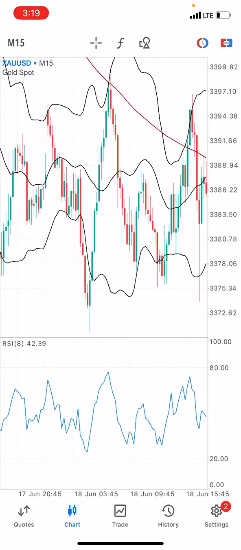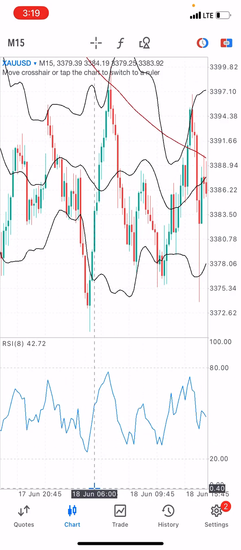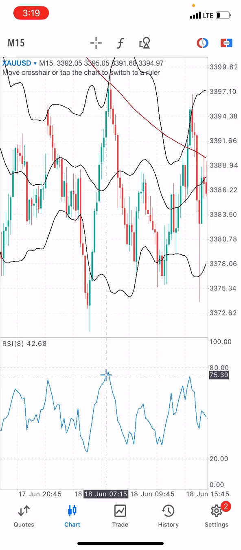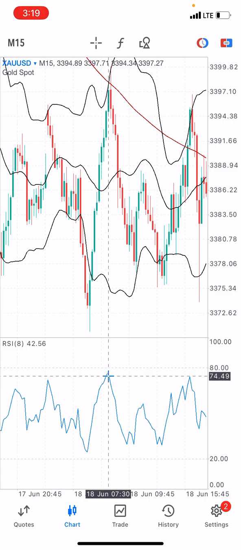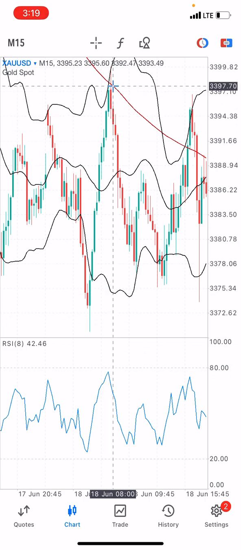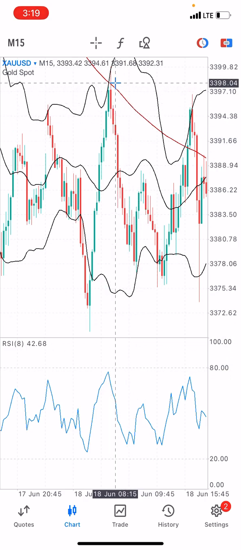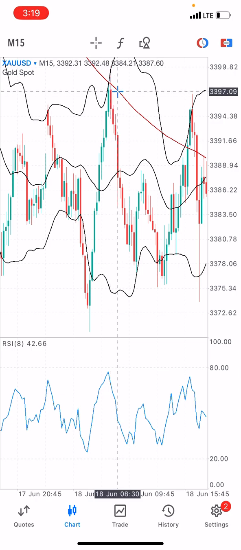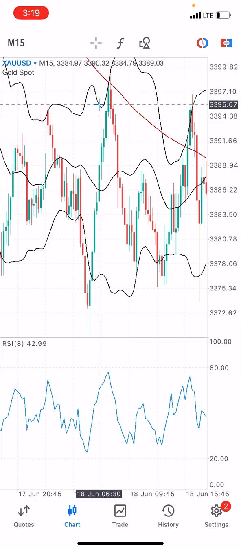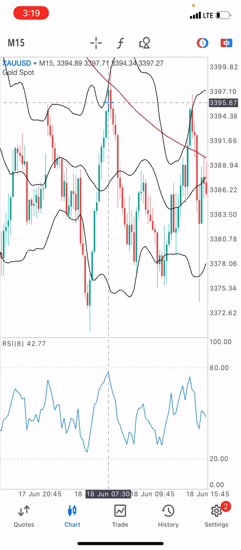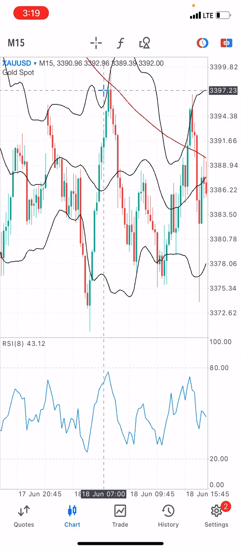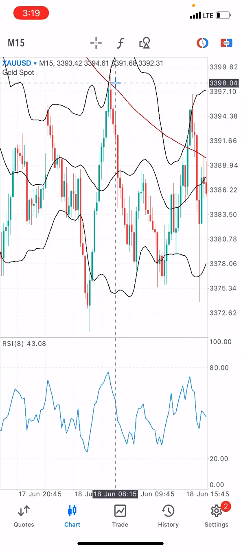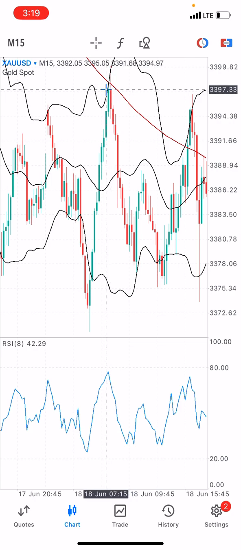Good. You can see this particular one right here. It's around the 80%. When you trace it on the moving average, this red line, the price is below it, so we are looking for a selling opportunity. So here is the case. Anytime you see this confluence, the moving average and relative strength index, and the price is on the upper band of the Bollinger Band, then you click on your sell button.